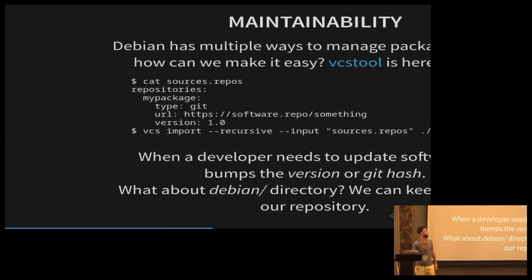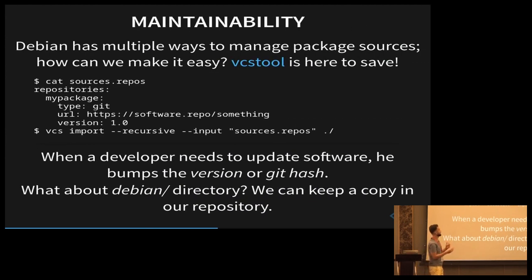So let's go to another slide. How did we do that? The issue was maintainability, so developers can do that. I got a recommendation at DebConf in Hamburg, mini DebConf, about using the vcs tool, which is a very nice small tool.